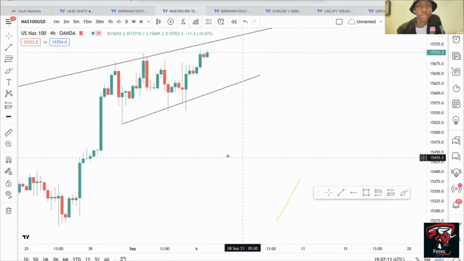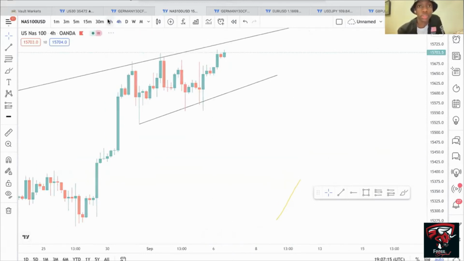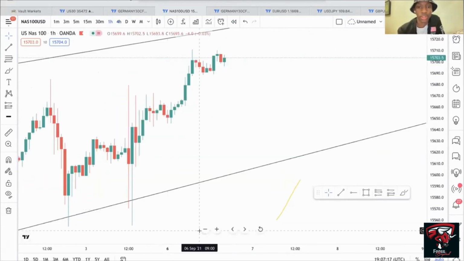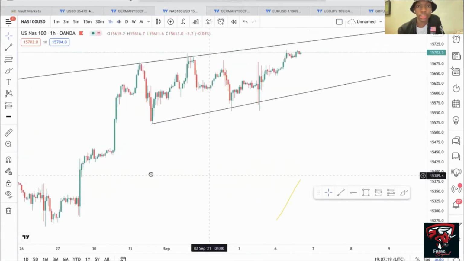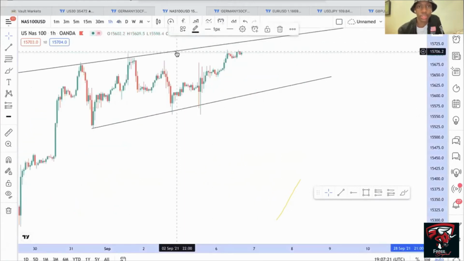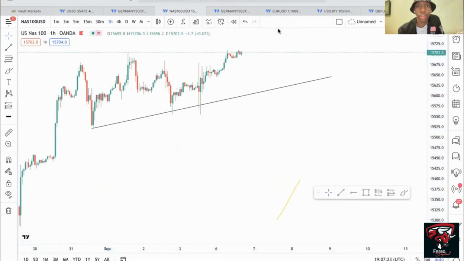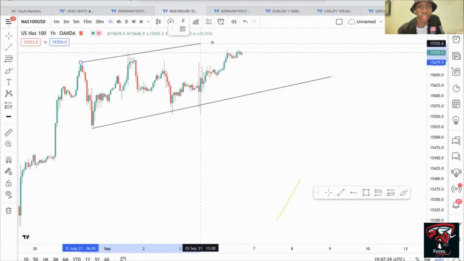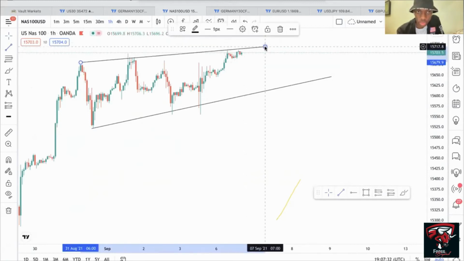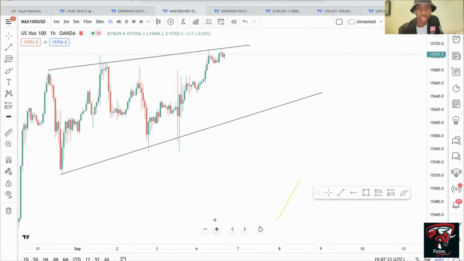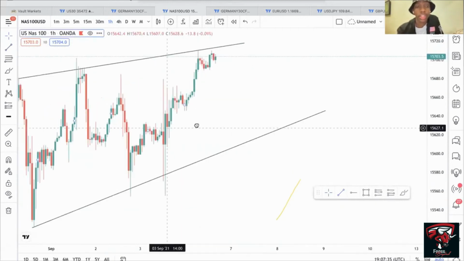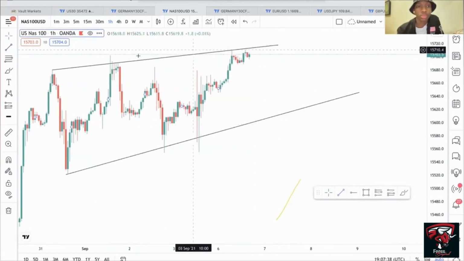Let me go to H1 and you'll see what I mean. So this thing actually is supposed to be dropping. Let's just delete this trend line for now. I want to show you guys something. You connect lower high, second lower high, and there's our third. So Nasdaq has actually started to drop.